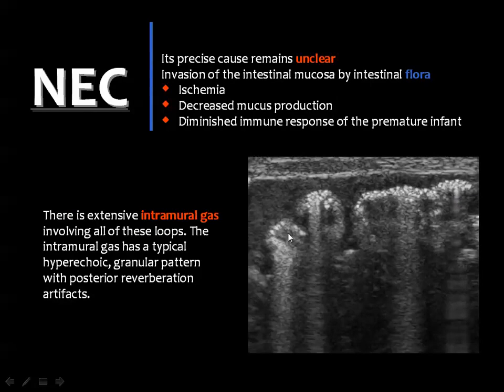Then we came to necrotizing enterocolitis, where the underlying cause is not well known. It is suspected to be due to invasion of the intestinal mucosa by intestinal flora, secondary to ischemia or decreased mucus production or diminished immune response in a premature infant.